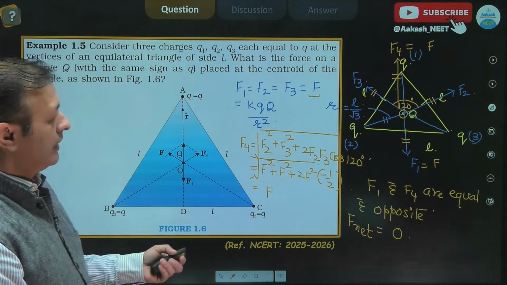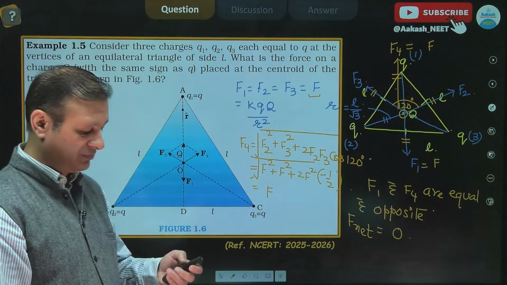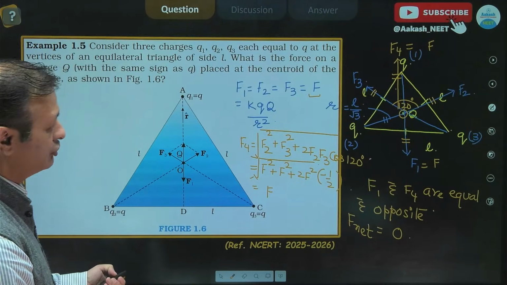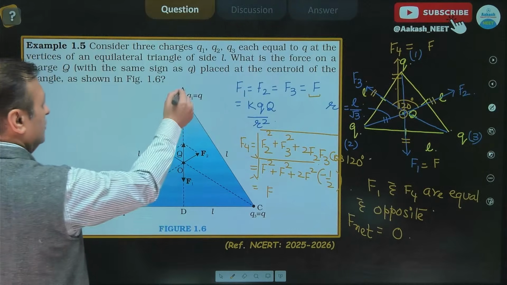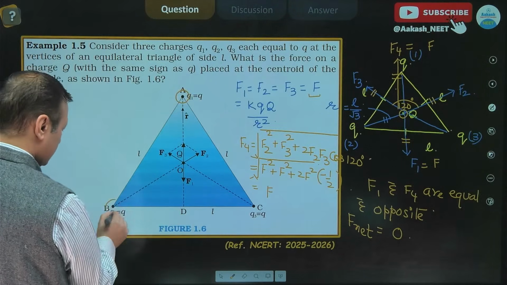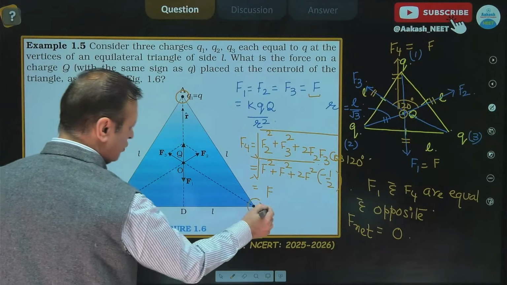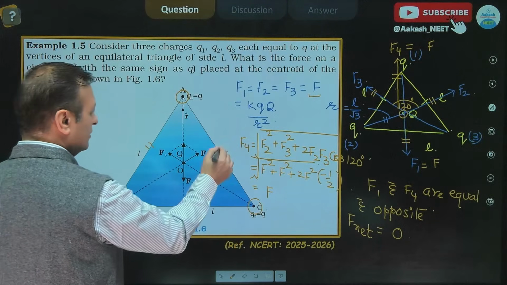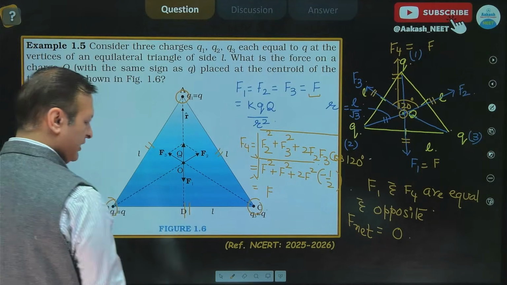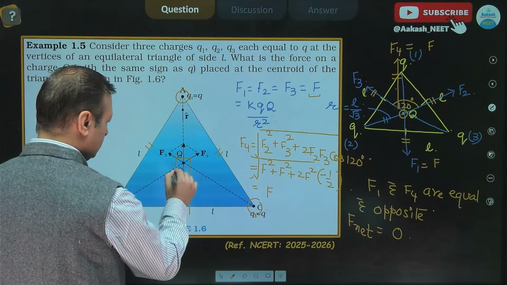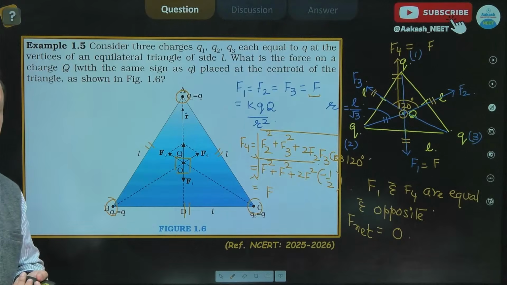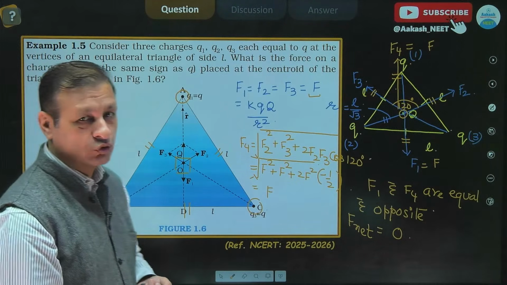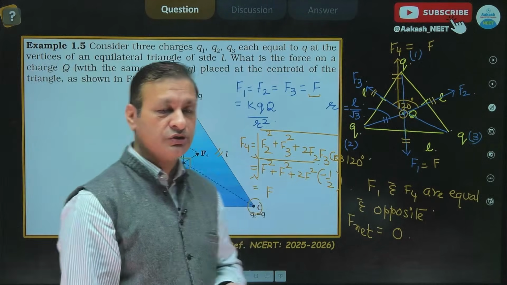I would like to add, whenever you have a symmetrical configuration, because this is a symmetrical configuration where all three charges are equal and symmetrically placed, at this point of symmetry, that is the centroid, the net force will be equal to 0.